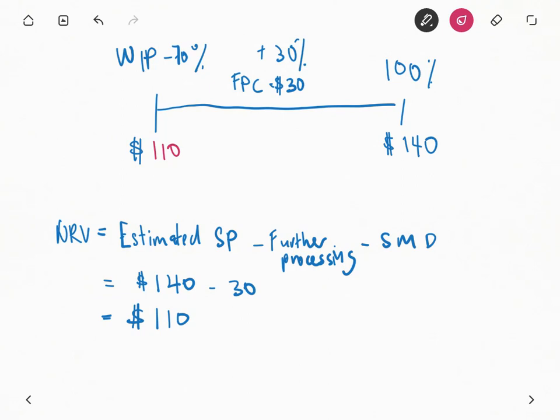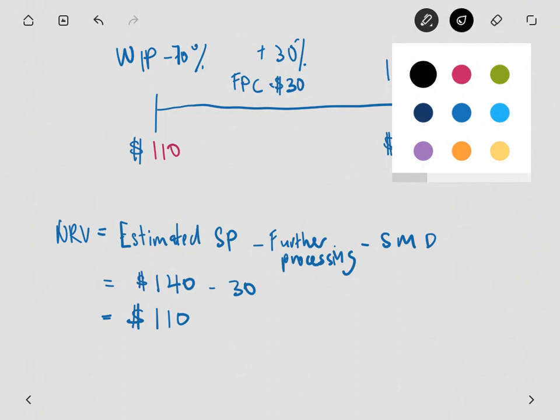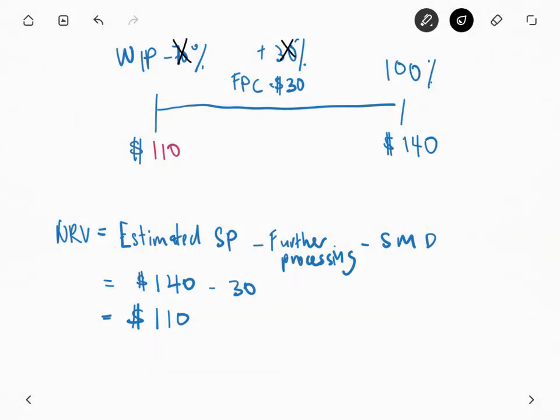Meaning the 70% or 30% is actually not important. It can be 60%, 40%, the value is still the same. So the percentage is not relevant to calculate the NRV. Done. Is it okay?